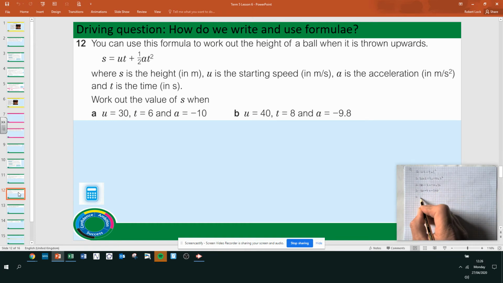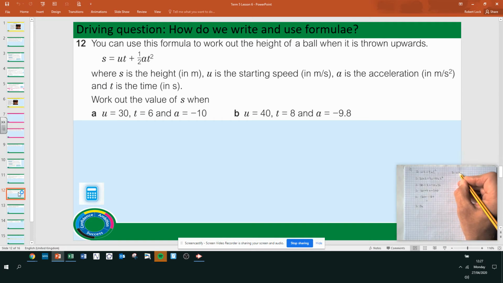S equals 180 plus half of minus 360. Half of 360 is 180, so that'll be a minus 180. Plus and a minus makes a minus, so 180 take away 180, S equals 0. It's long-winded, but it works.